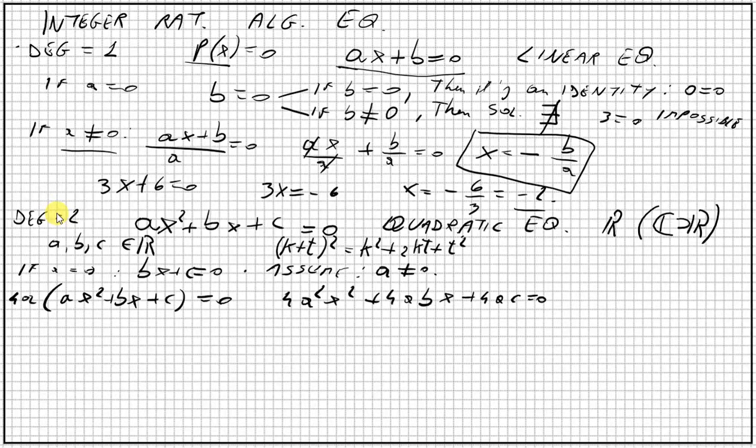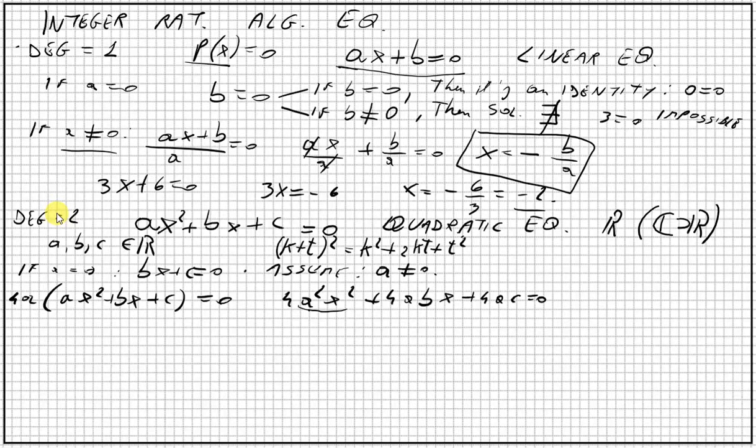Now, why did I do that? For 2 reasons. First of all, I wanted to have one more a here, so this one looks like a square. I'm trying to identify something that I can call k here. So as you can see, ax is something that I could call k. So why did I put a 4 here?